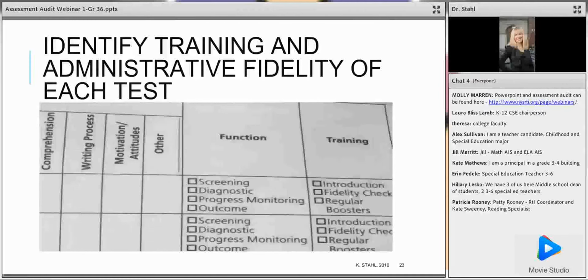However, it's not enough. If you bought Dibels 3 years ago and your teachers have not had a training in it since, I can promise that there has been drift. I can promise that the teacher who is administering that test in room 4 is not administering it the same way the teacher in room 6 is administering it.